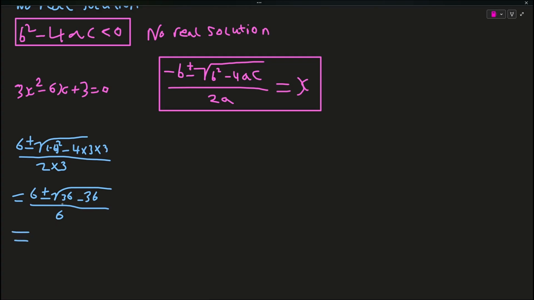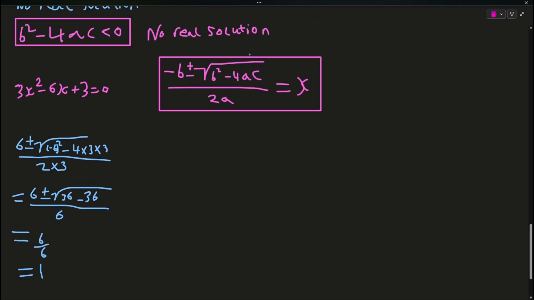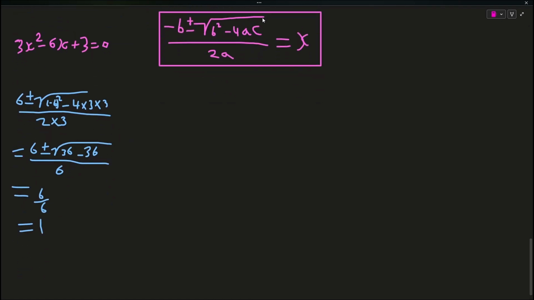So the square root of 36 minus 36 is 0, and that just leaves us with 6 over 6, which gives us 1. Because the square root of 0 is just 0. There's no positive, negative, so it negates. So that means there's only one solution where x is equal to 1.